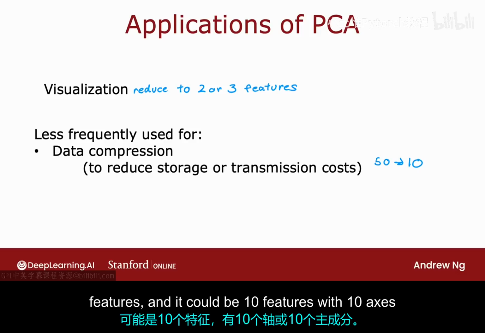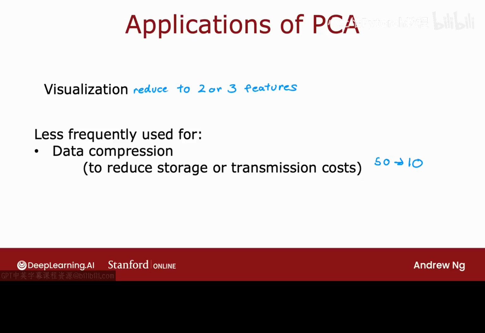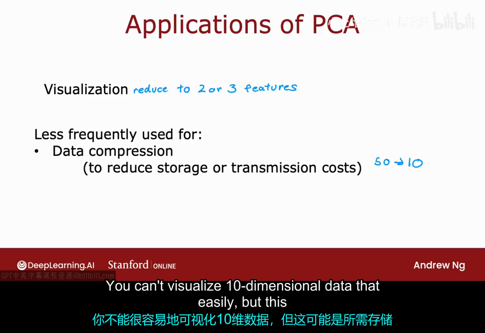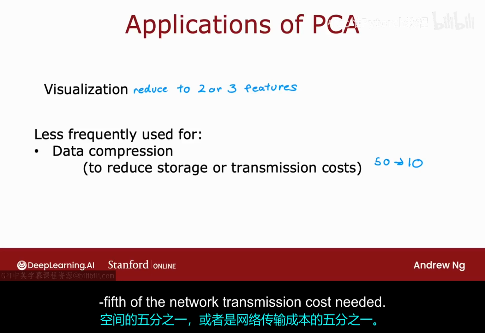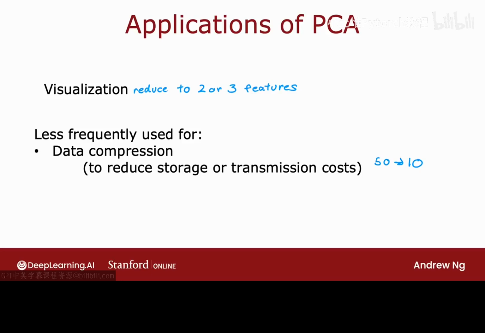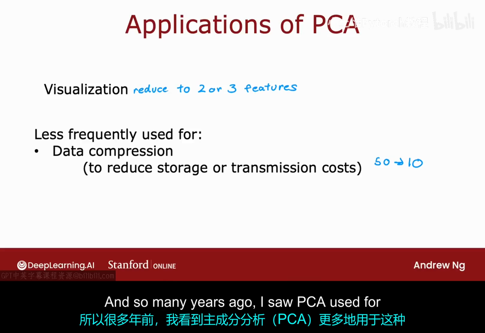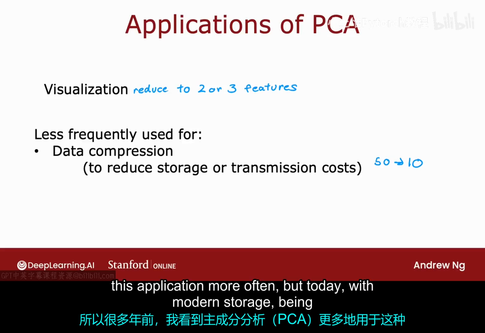And it could be 10 features with 10 axes or 10 principal components. You can't visualize 10-dimensional data that easily, but this is 1/5 of the storage space, or maybe 1/5 of the network transmission costs needed. And so many years ago, I saw PCA used for this application more often.